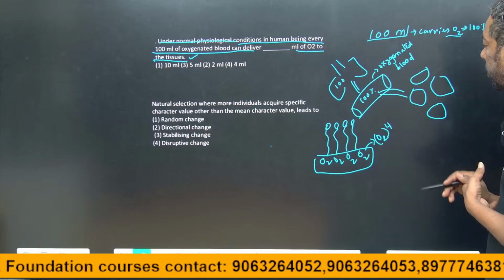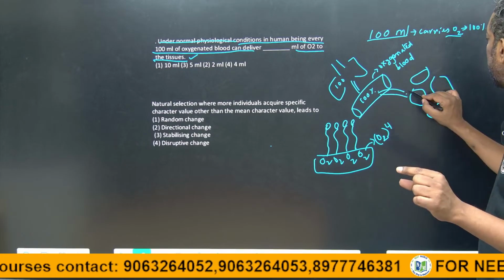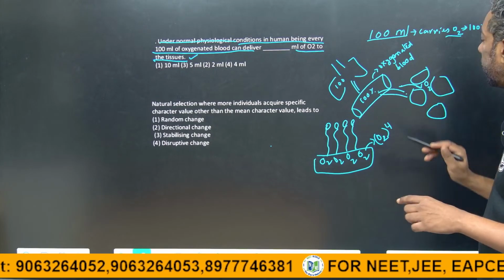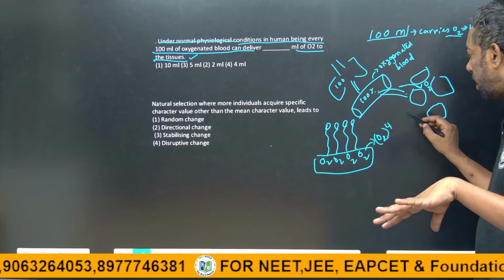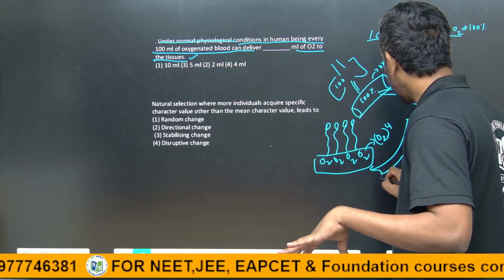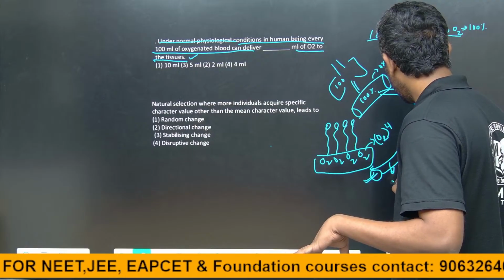At the end, when they reach the tissue, only 1 oxygen molecule is released. The remaining 3 oxygen molecules return to the blood as deoxygenated blood.